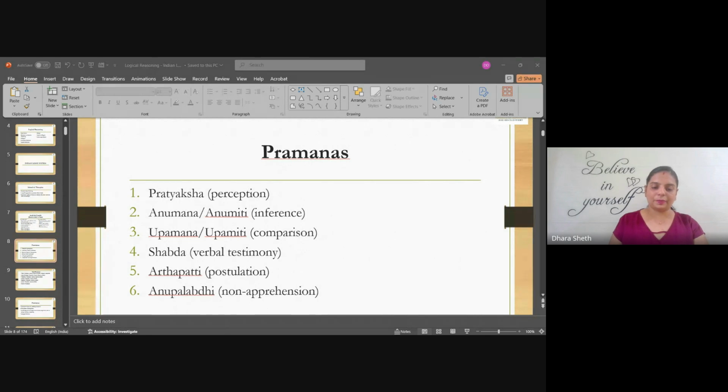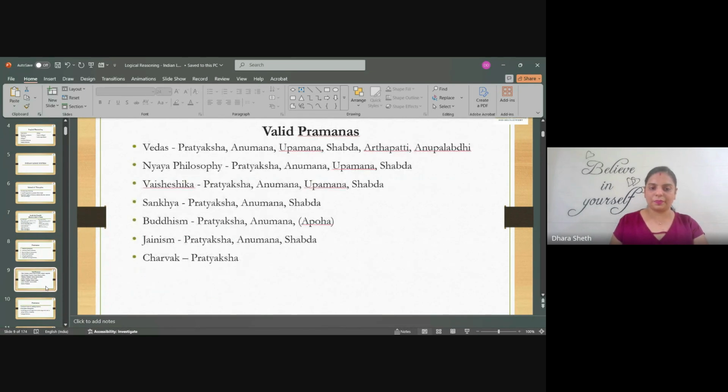But before that, all these 6 pramanas were not accepted by all schools of thought. Vedanta, the Uttar Mimamsa, accepts all the 6. That knowledge can be gained in all the 6 ways. But Nyaya philosophy accepts only Pratyaksh, Anuman, Upman and Shabda as valid ways to derive knowledge.